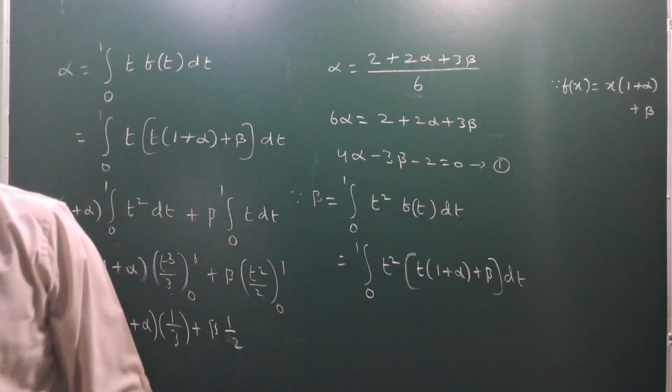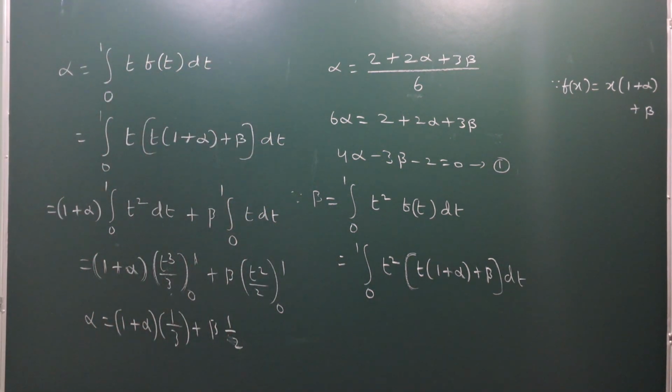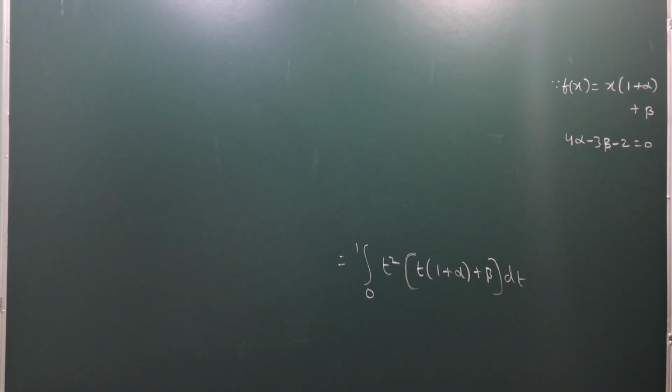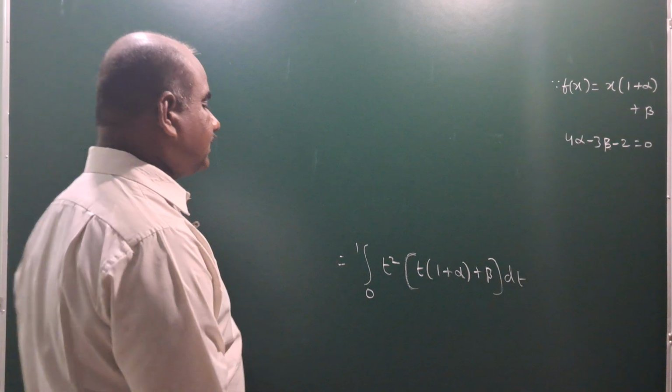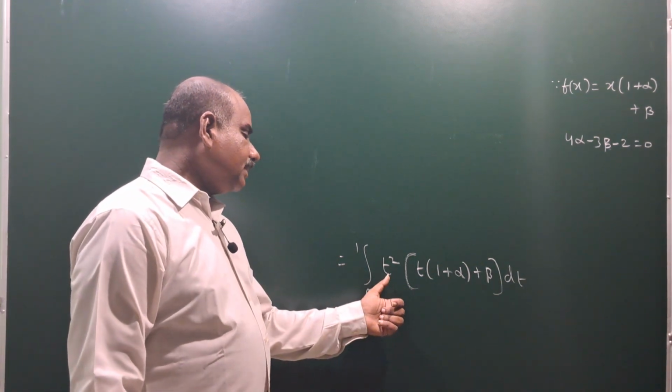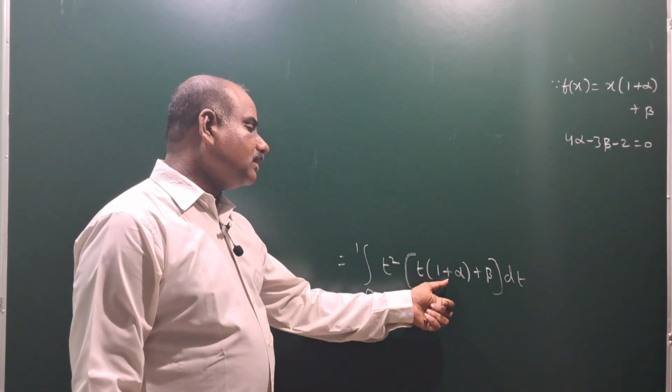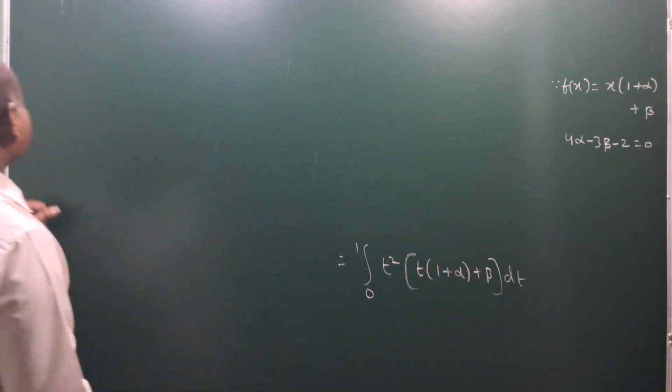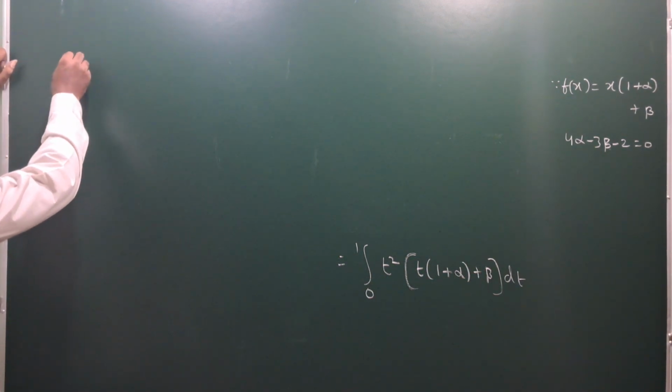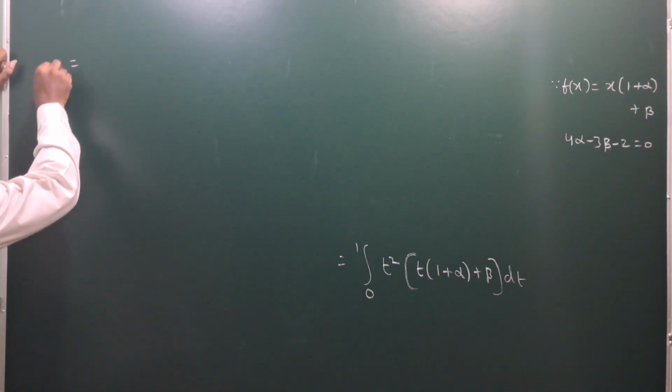Okay, continuation. Now we have to split this integral into two integrals like this. t square into t cube into 1 plus alpha dt. So with respect to t, 1 plus alpha is constant, so take it outside.